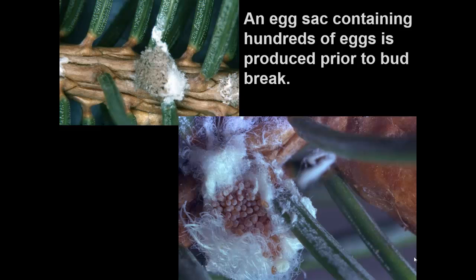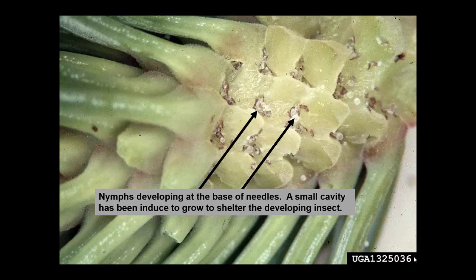So this insect will produce an egg sac that contains hundreds of eggs that is produced prior to bud break. And these eggs will hatch coincident with bud break. And this is critical because only at this time of plant growth can this insect make this kind of gall.